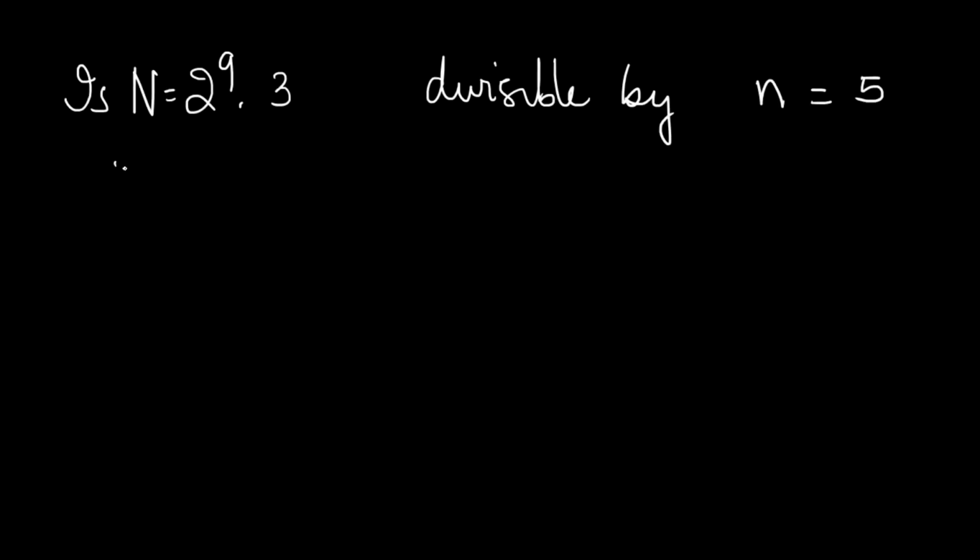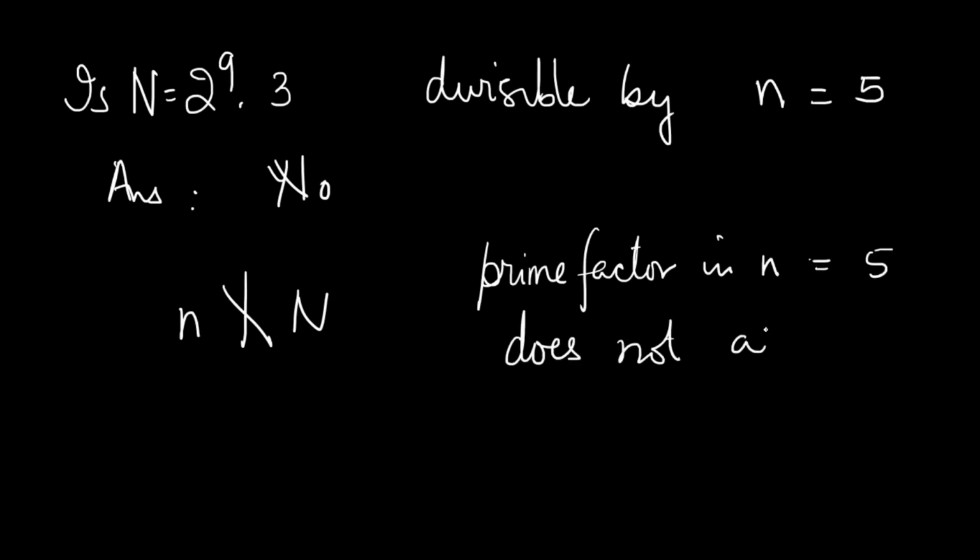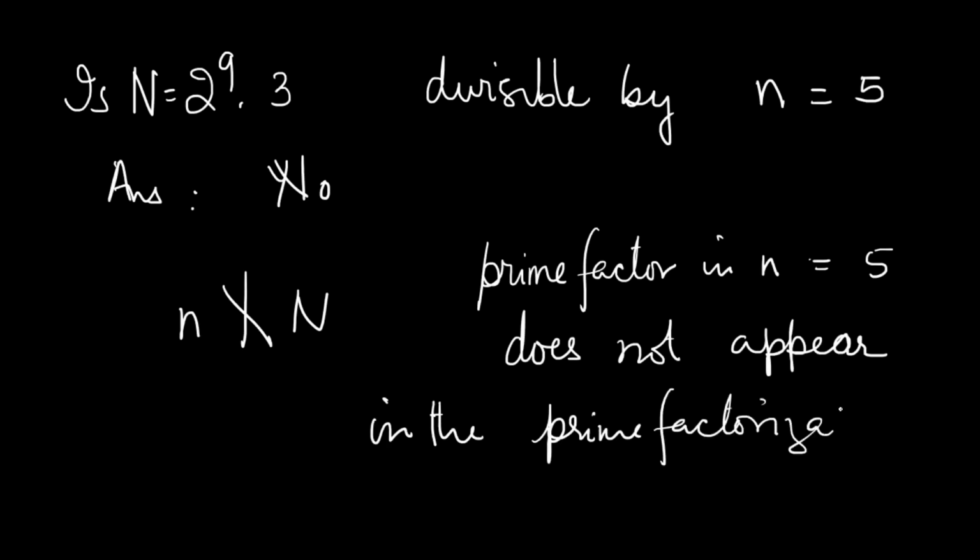The answer here is no, so what we are saying is that n does not divide capital N, and the reason is that the prime factor in small n, which happens to be 5, does not appear in the prime factorization of capital N, which in this case happens to be 2 raised to 9 into 3. So there is no 5 as a prime factor in the prime factorization of capital N.